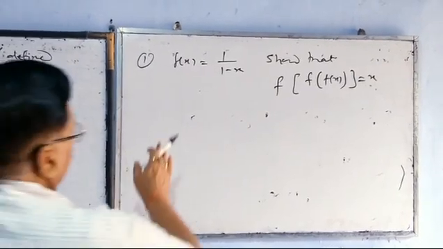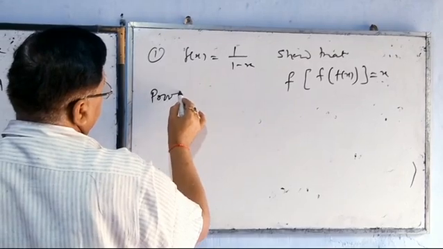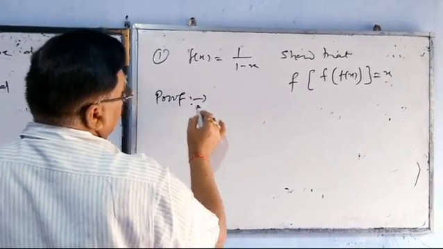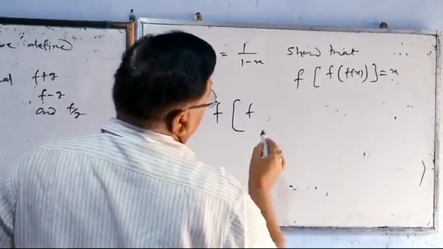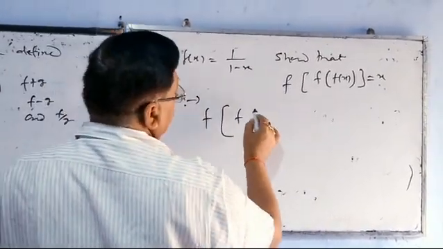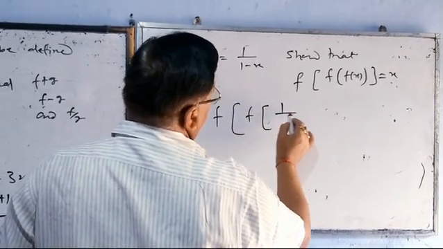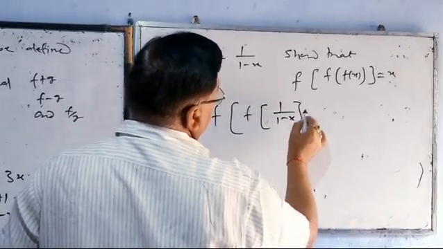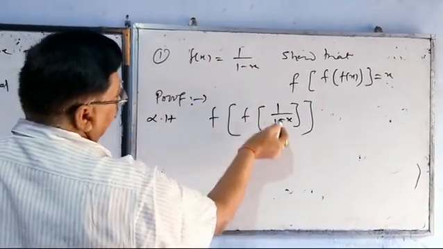Proof, student: f(x) is 1 by 1 minus x. This is the LHS, the value of f(x).